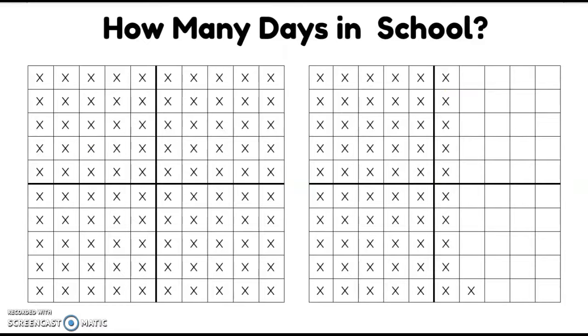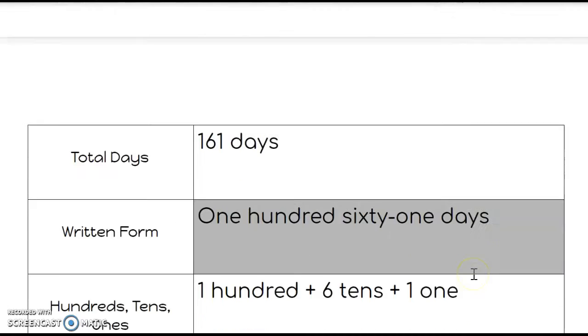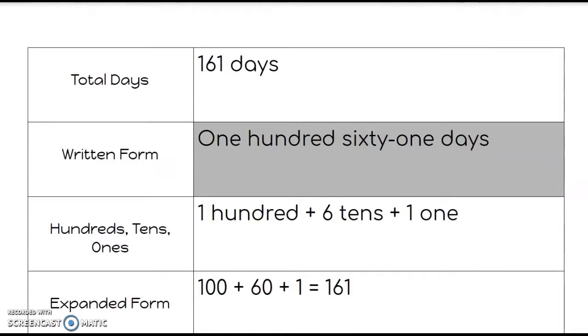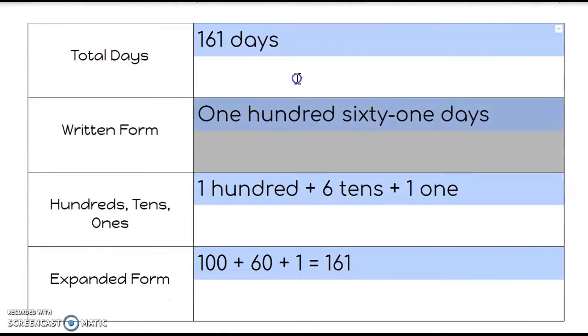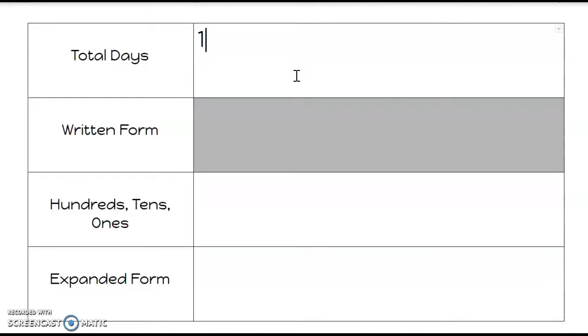How many days in school? Yesterday, we had 161 days in school. How many days in school today? So if we have 160 here, 161, 162. It's 162 days in school. Let's get rid of all this from yesterday. 162 days.